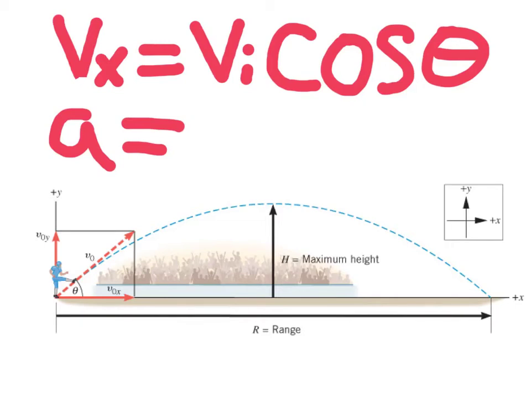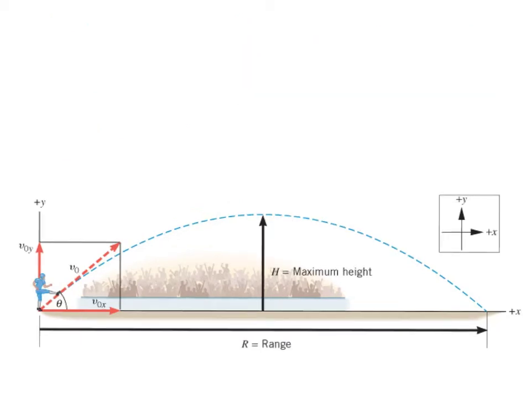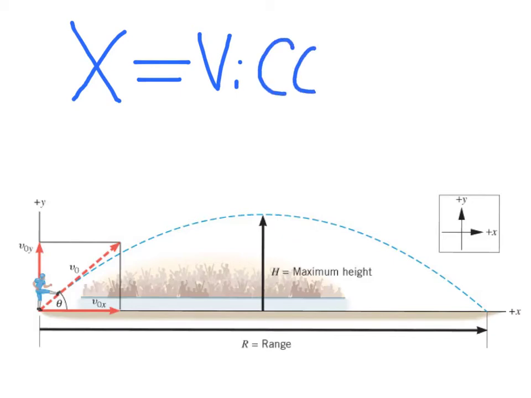Oh, that's right, the acceleration in the x direction just equals 0. And the only equation we use is our displacement in the x direction is equal to the initial velocity times the cosine of the angle times time.